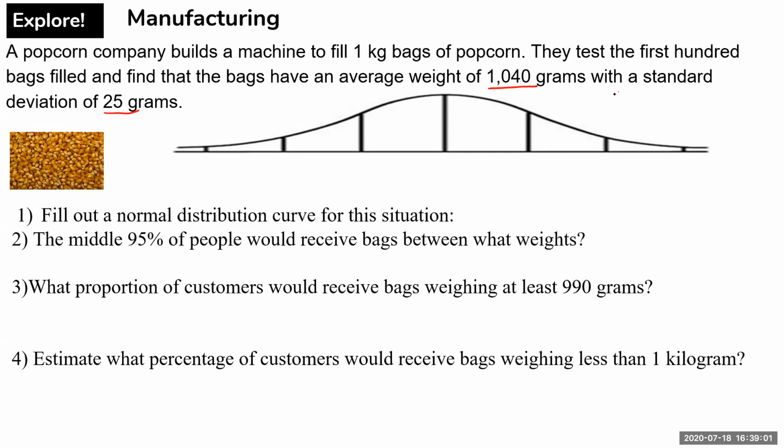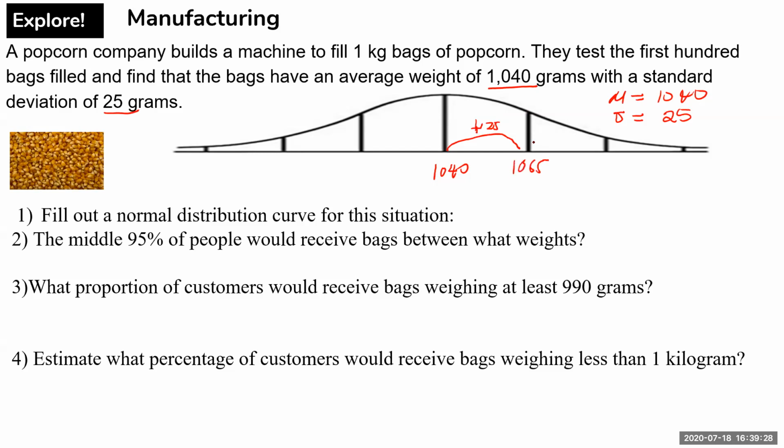So we know our mean to be 1040, and we know our standard deviation, which is sigma, to be 25 grams. And we know that our mean always goes to the center, right? So 1040. And then when we move to the right, we add the standard deviation of 25. Okay, so this will be what?